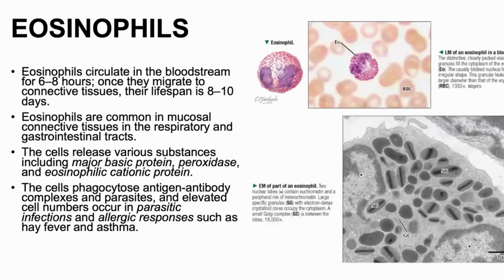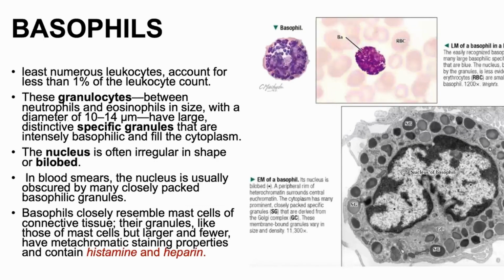They release certain substances, enzymes, peroxidase, and even proteins, and the cells phagocytose antigen-antibody complexes as well as parasites. So you have an elevated number in parasitic infection.